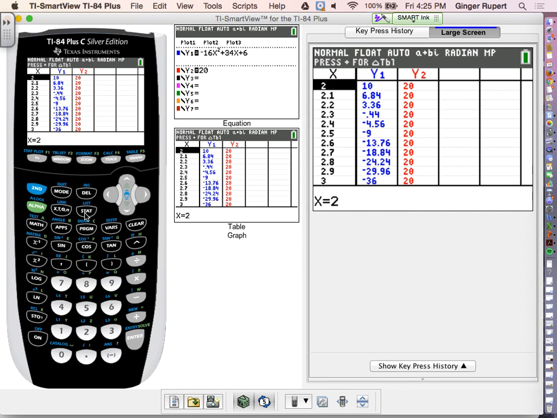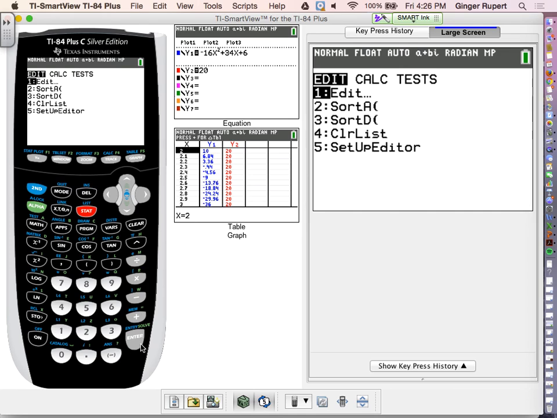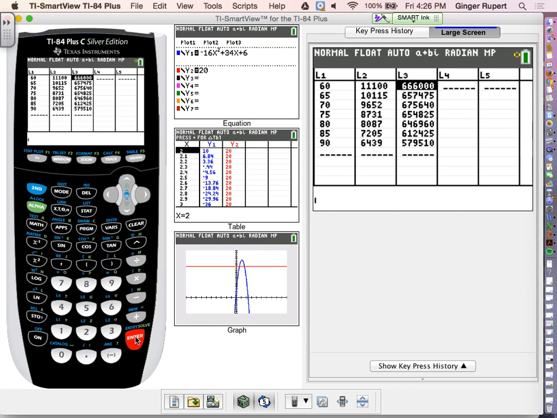Okay, remember you're going to go to Stat, Edit. If you have values in your calculator, you can arrow up to the header, hit Clear, then hit Enter, and it will clear those values. You want to clear all of those values before you start entering data.